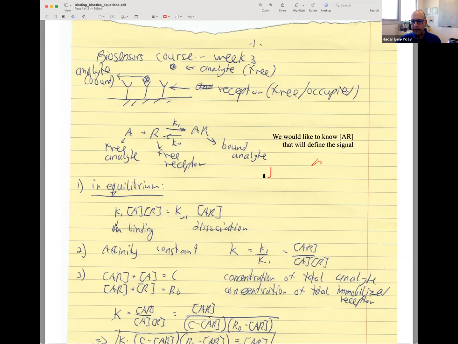So if you remember, we said that dAR divided by... no, it doesn't work. It doesn't work. It's weird. So what we're going to do is use this one.